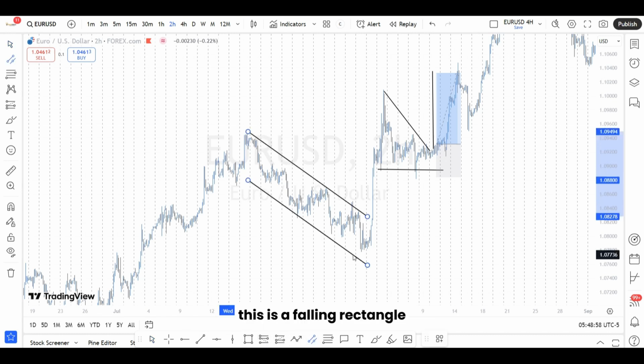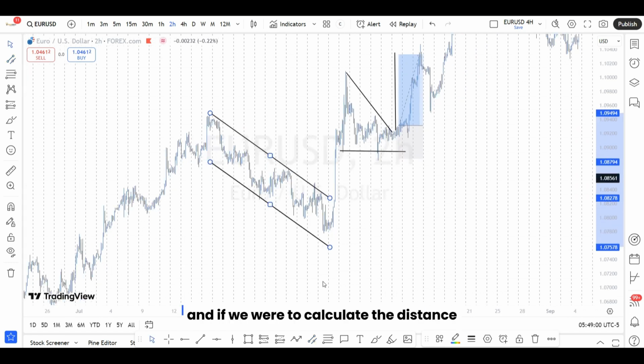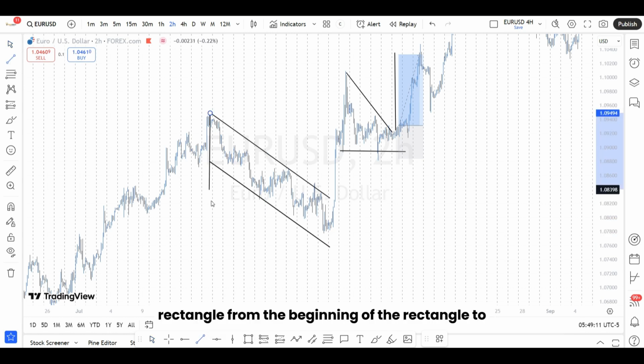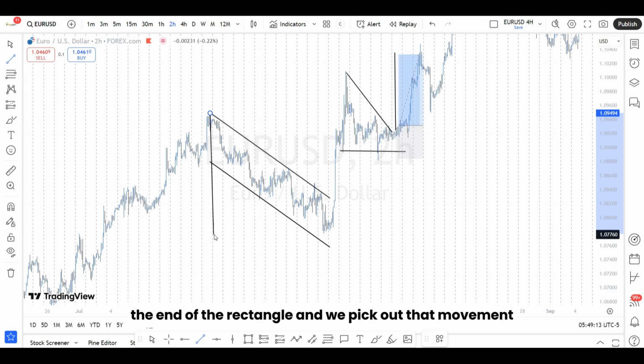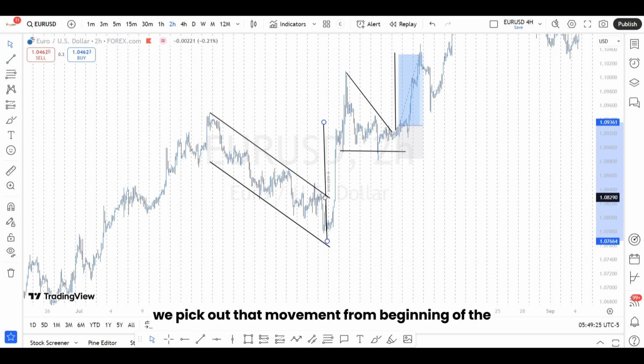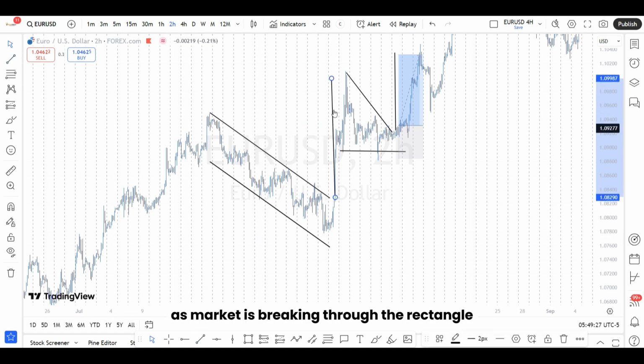This is a falling rectangle, and if we were to calculate the distance of the total rectangle, because in a rectangle sometimes we can actually calculate the distance from the beginning of the rectangle to the end of the rectangle, and we pick out that movement. Like this, for example. We pick out that movement from the beginning of the rectangle to the end of the rectangle. As the market is breaking through the rectangle, you can see what happened next.